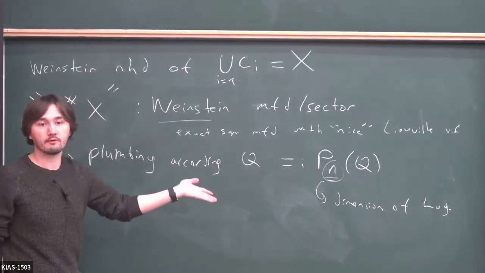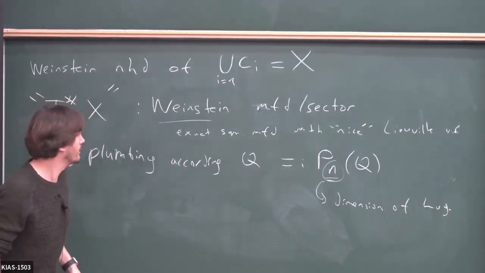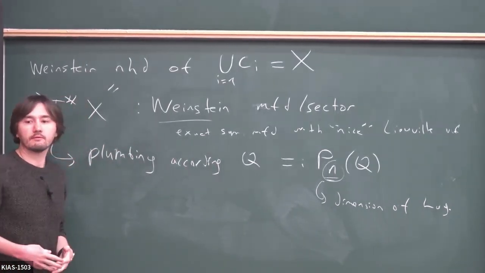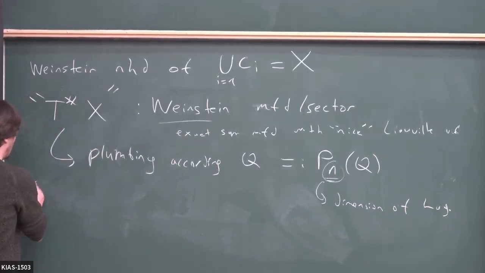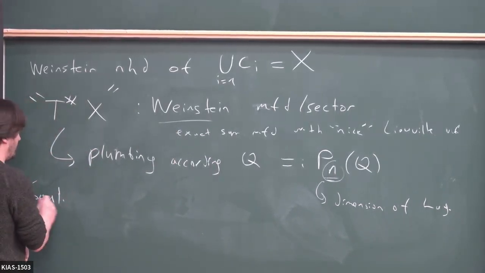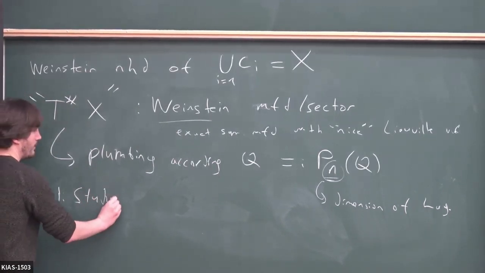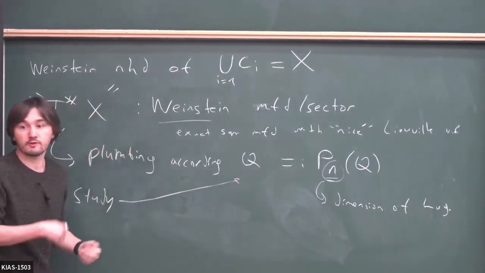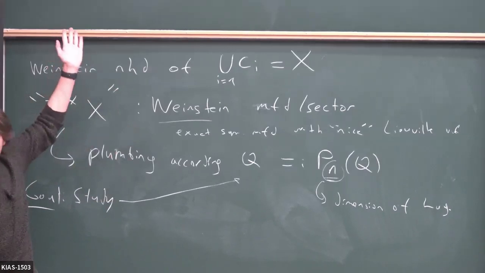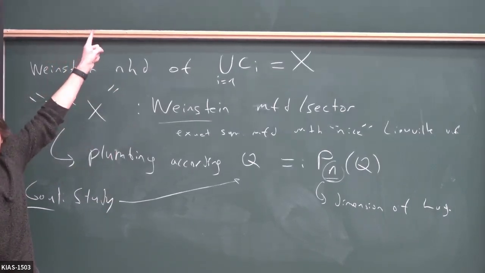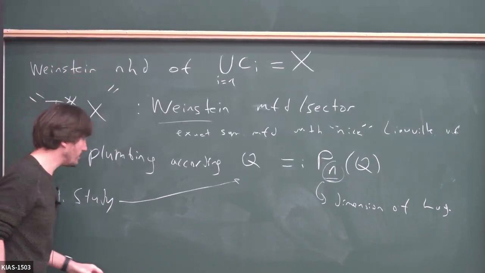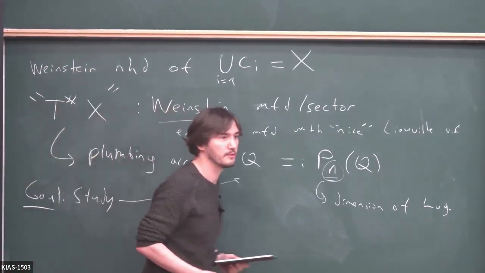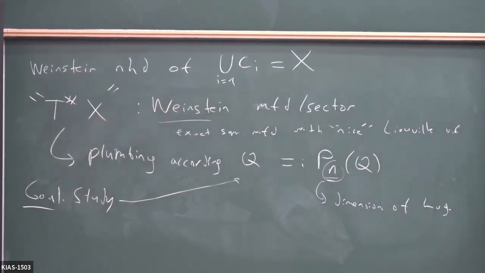And I will call it a plumbing space. Okay. So the goal is studying this kind of space. Also, studying this will maybe later help us understand any symplectic manifold in some way. Understanding this will be good information.